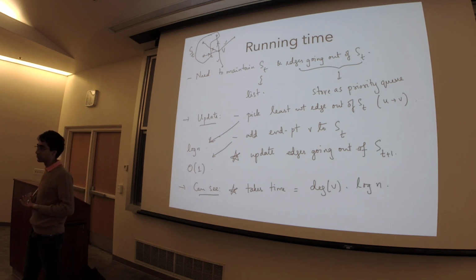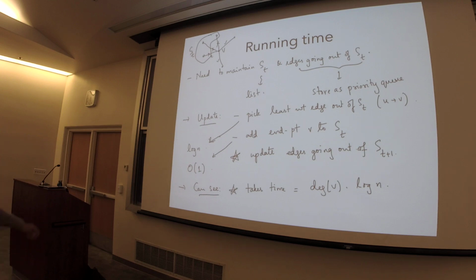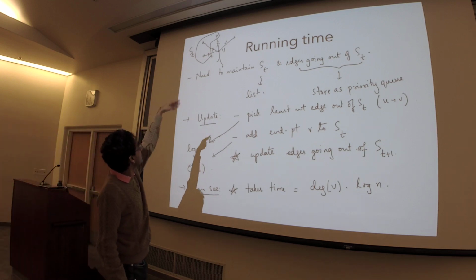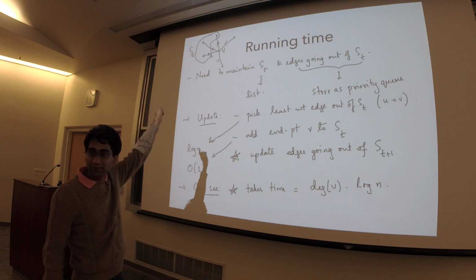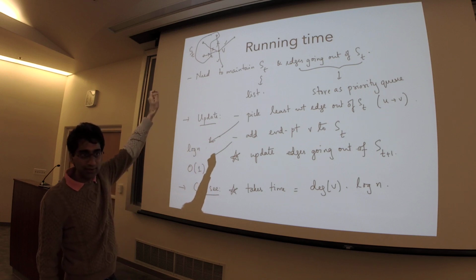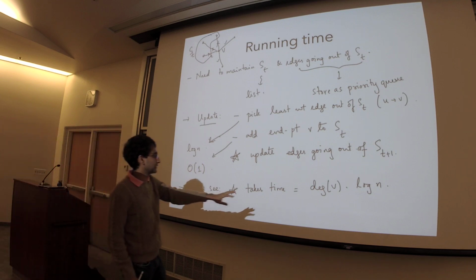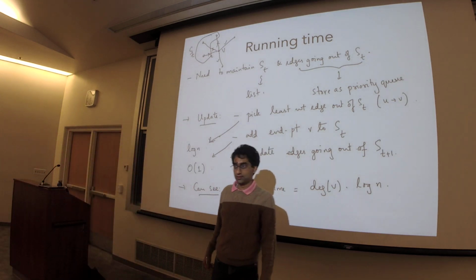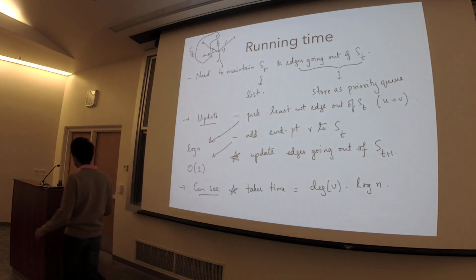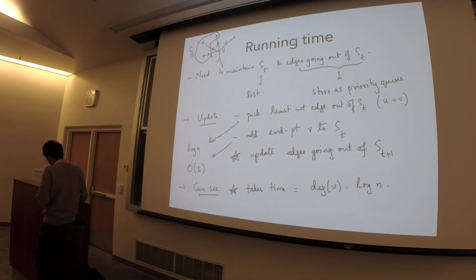So this is what you can prove. Some edges you've got to add and some edges you've got to remove, but they all involve this vertex v. So this is going to take time degree of v times log n. Let's not spend too much time on this because this is easy. You can convince yourself afterwards.